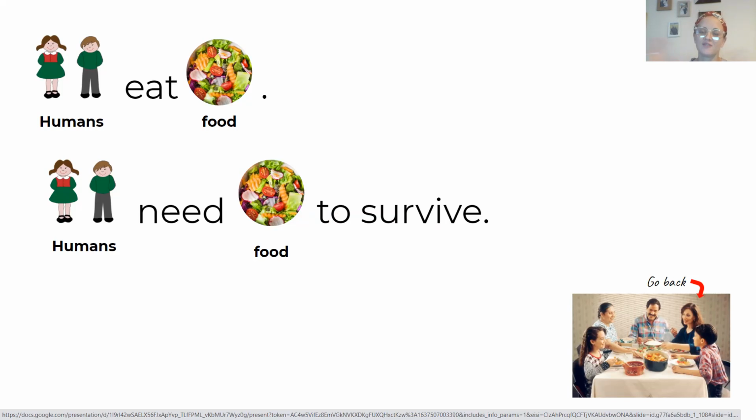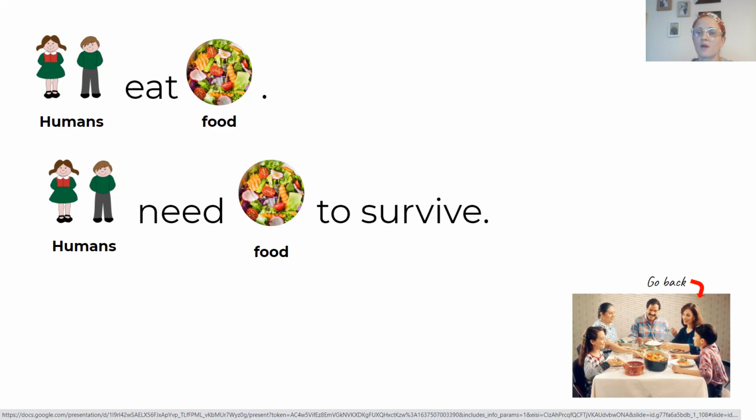If you eat vegetables and fish, but no other meat, you're a pescatarian. So you do eat different things, and this may be because of your diet. It could be for religious reasons, it could be for cultural reasons that you maybe eat different things and or don't eat different things. But overall, the main point is that the humans need food to survive.